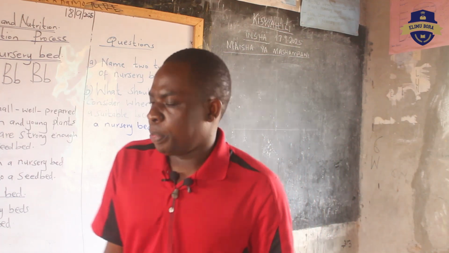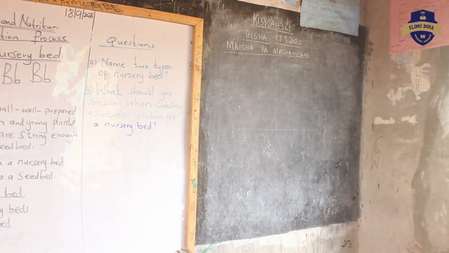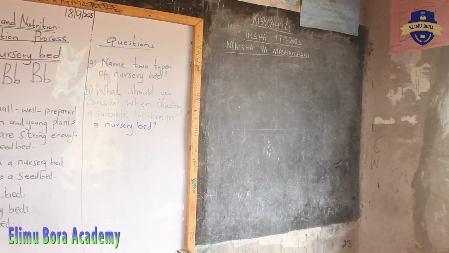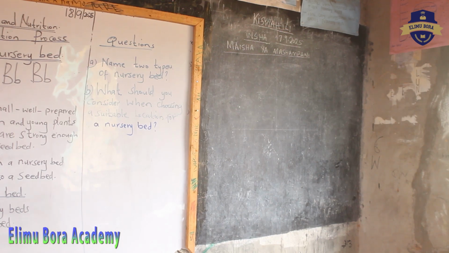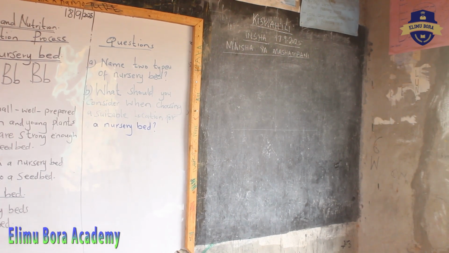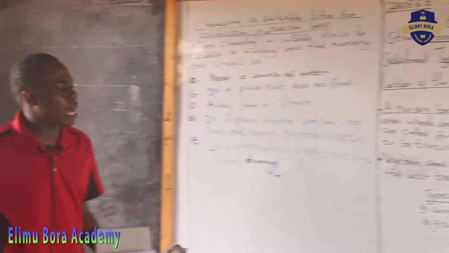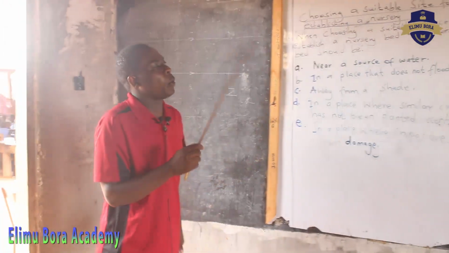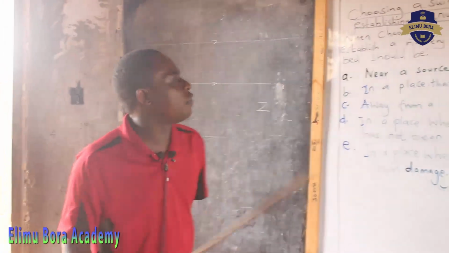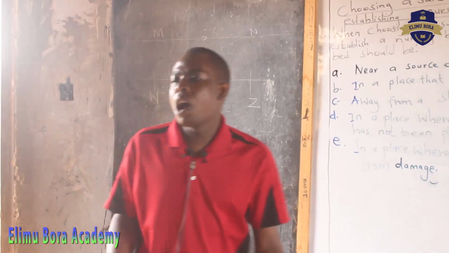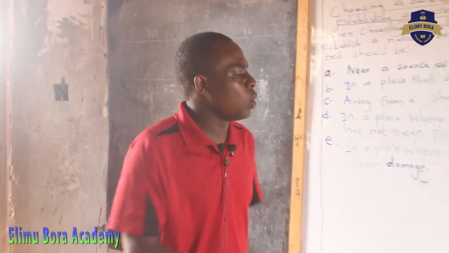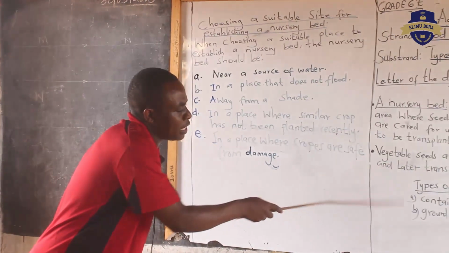Now, we have these types of nursery bed. After having these types of nursery bed, we are supposed to have areas where we are going to practice these two types.